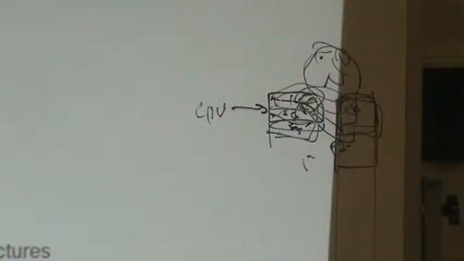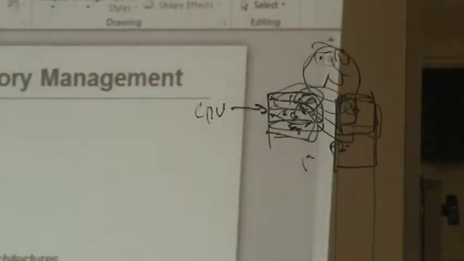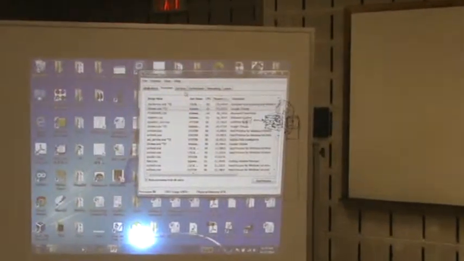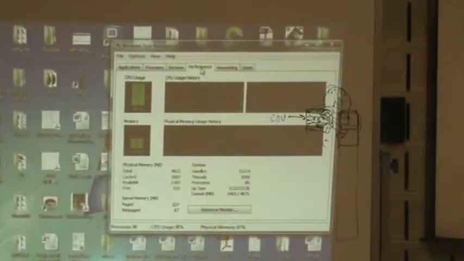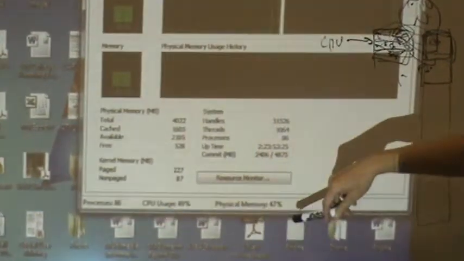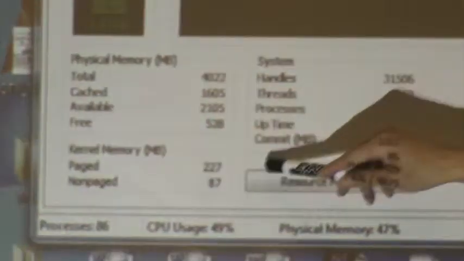From time to time, you may see it even in the task manager. You can see the total physical size, the kernel memory. You can see the pages, right?